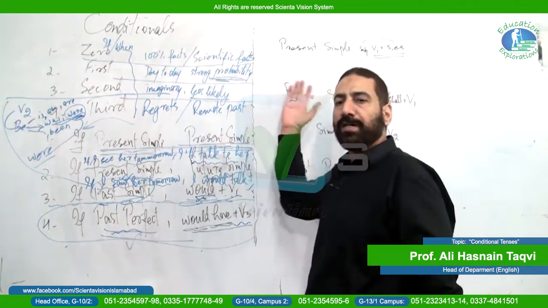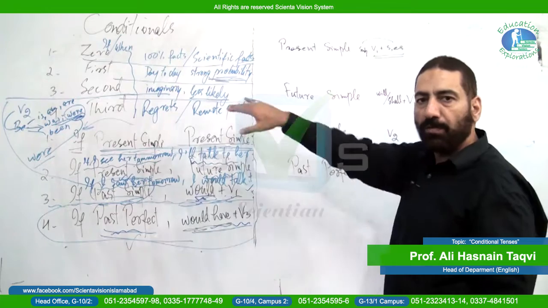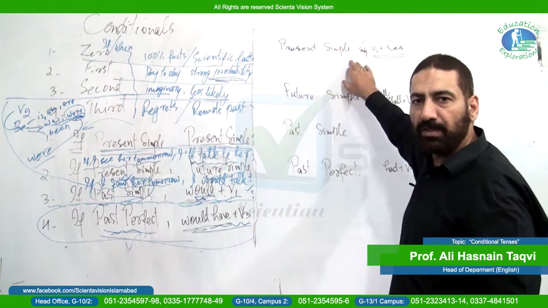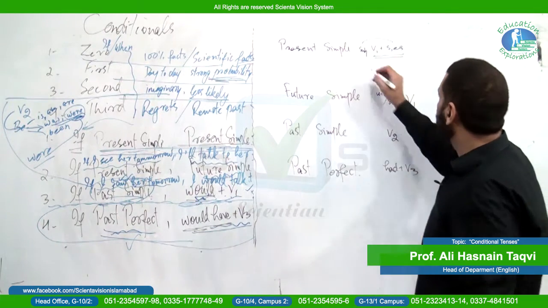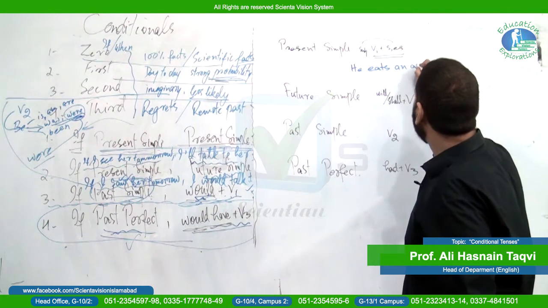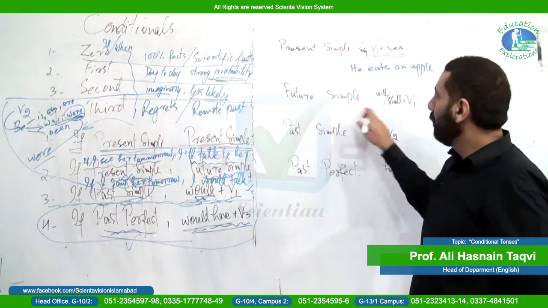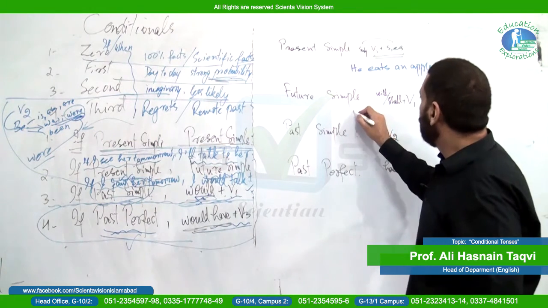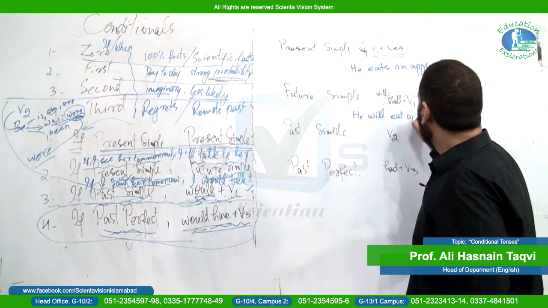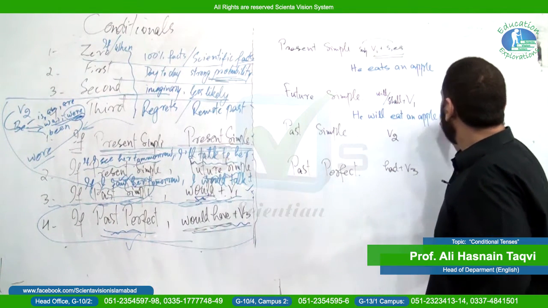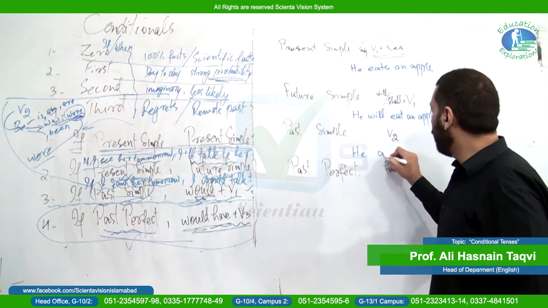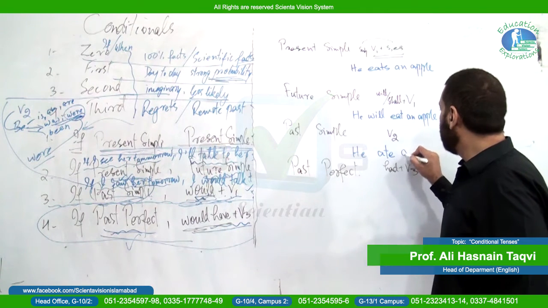See, already I've talked about the tenses involved in conditionals. Present simple, first form verb, S/ES according to the subject. So if we make a sentence of a simple kind, he eats an apple. Future simple, will, shall, V1. So he will eat an apple. Past simple, V2, ate an apple.